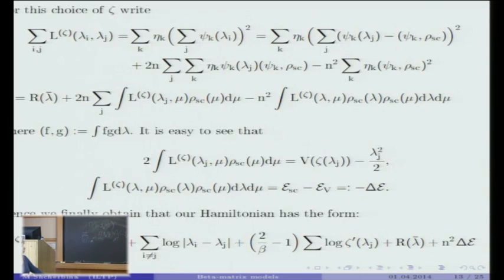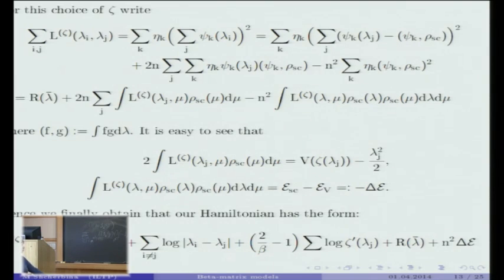Here I just subtract and add this term, the integral of my smooth function with semicircle density, and I obtain this term, which I call R of lambda. It is something like a pairwise interaction, and here is written the linear term, because it depends only on lambda j, the dependence on lambda k disappears, and here is just some constant.